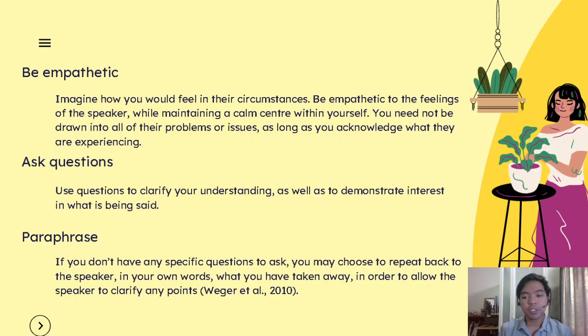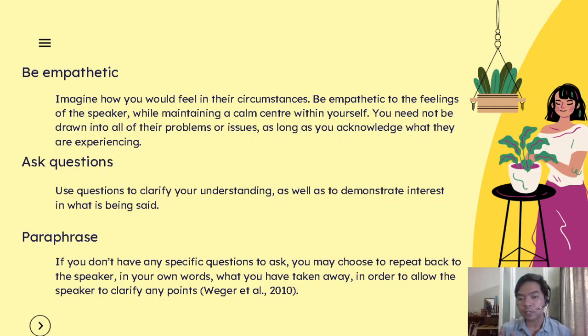Next is paraphrasing, which I'm very used to using. If you don't have any specific questions to ask, you may choose to repeat back to the speaker in your own words what you have taken away, in order to allow the speaker to clarify any points. This is what I usually do, because during seminars or lectures I always take down notes, and I don't copy the entire paragraphs because sometimes it's really long, and it would take a huge chunk of my time writing it down.